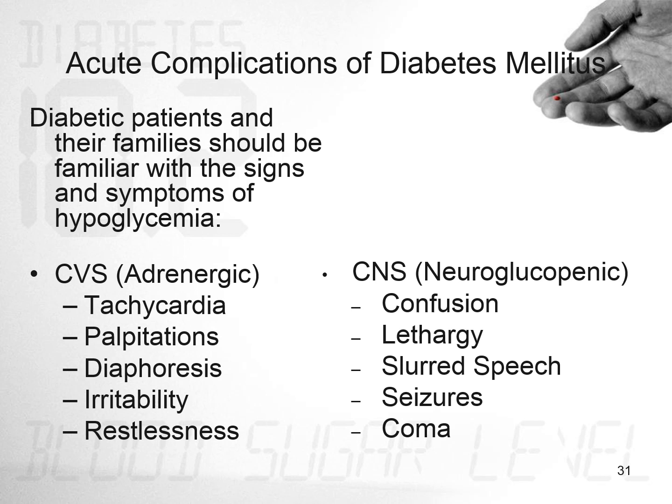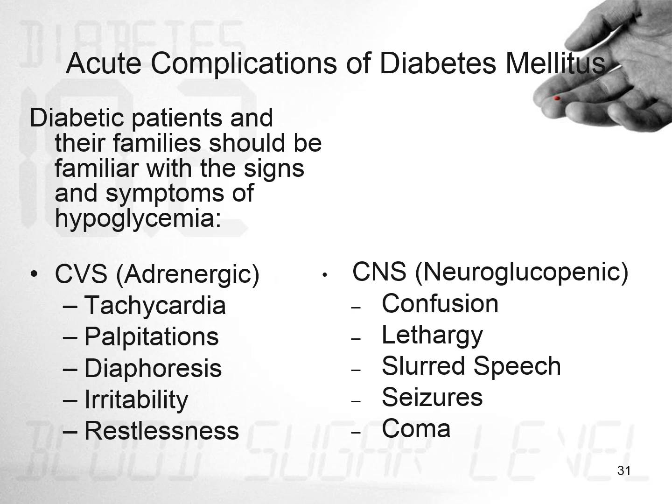Or you as a nurse, if they're unable to vocalize that to you, may notice some of those signs as well. And then your central nervous system, the neuroglucopenic state, you're going to see confusion, lethargy. They may be slurring their speech. They could even go into a seizure or even a coma.